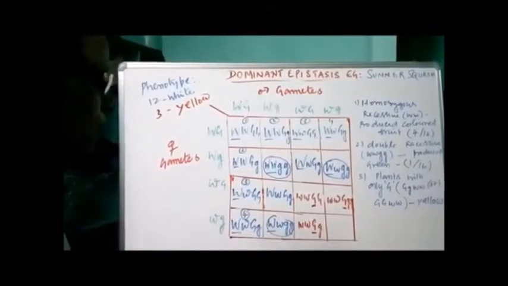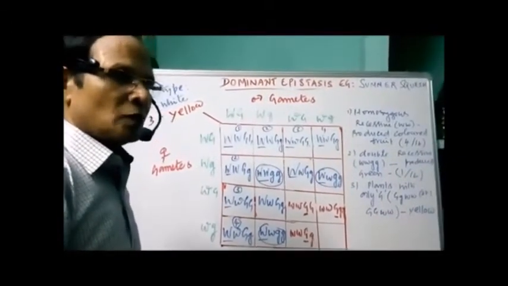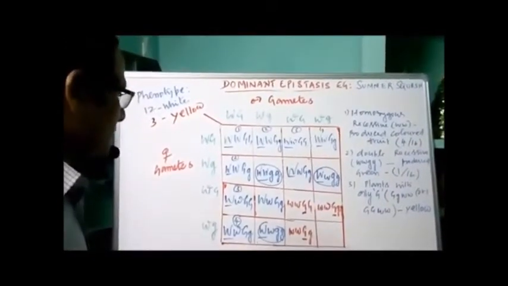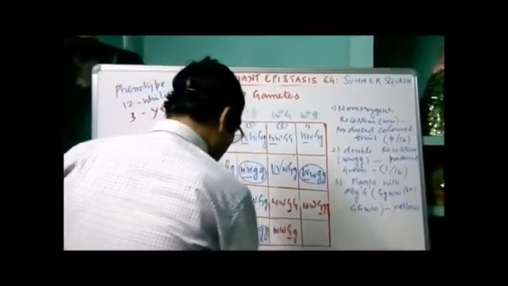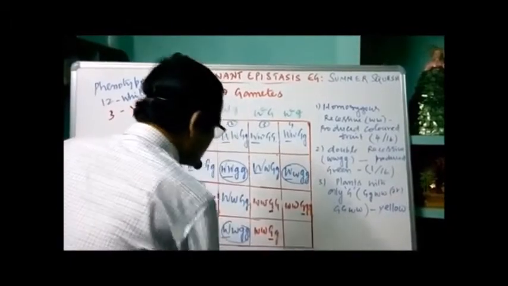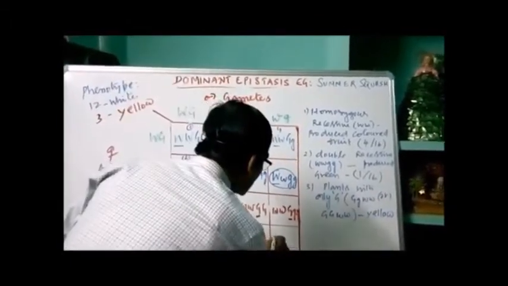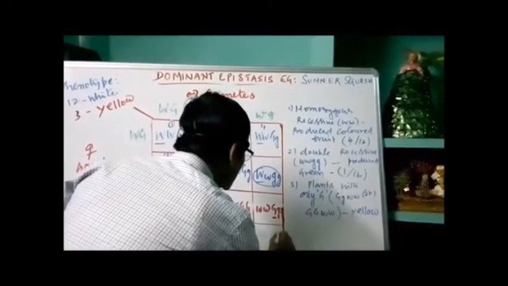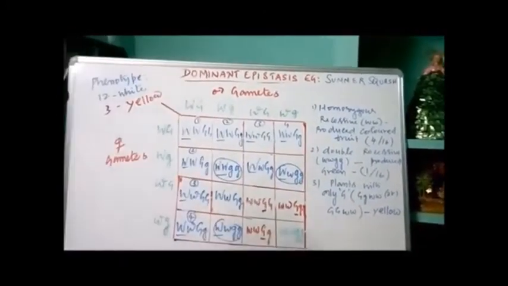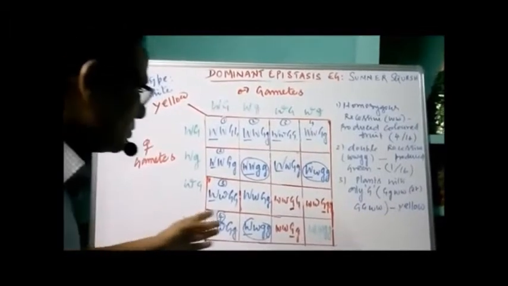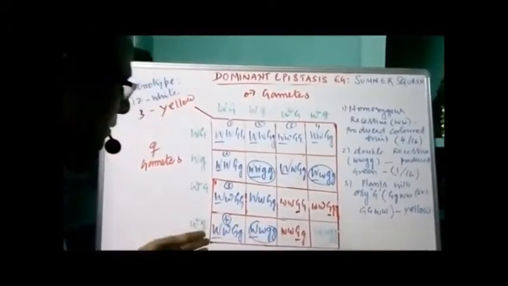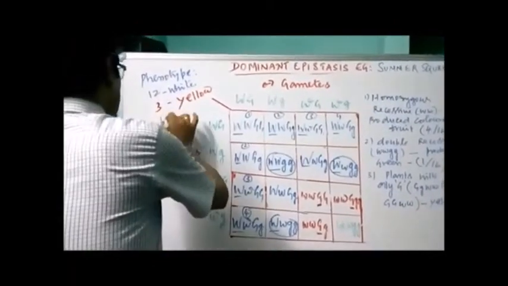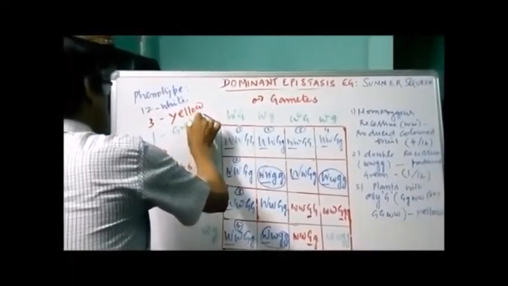And what about the last one? As a general rule, in all cases we are receiving at least one recessive character. Here all the genes are recessive, both W and G genes are recessive in nature, and that represents green.